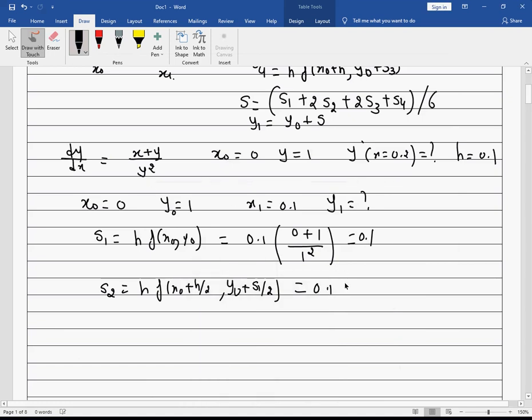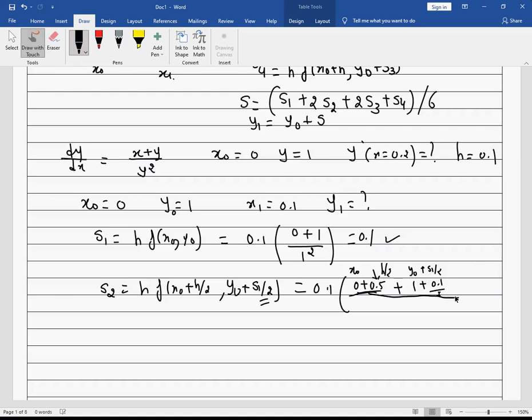So to simplify this, you can write 0 plus 0.5, this is my x, plus y, where y0 is 1 and I have the s1 by 2, so plus my s1 is 0.1, so 0.1 by 2, this is h by 2. This is x0, this is y0 plus s1 by 2.